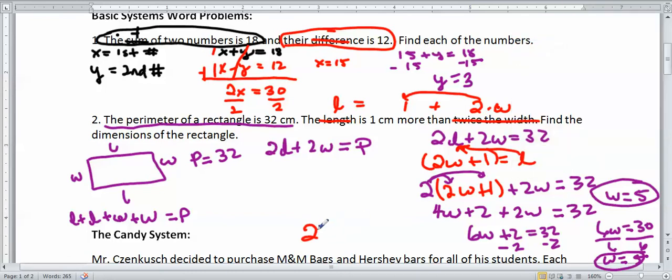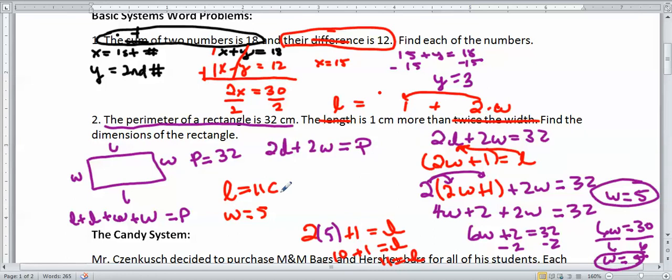I'm going to replace that with 5 and then solve for L. Well, 2 times 5 is 10, plus 1 is equal to L, so L is equal to 11. So my length is 11, and width is 5. And since it's in centimeters, I need to include those units.